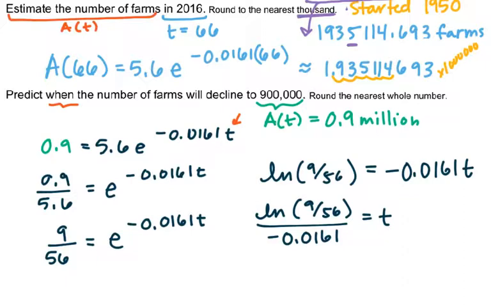And this gives me an output of t is approximately 113.5482679. So rounding to the nearest whole number, well, that would round to either 113 or 114. This represents my t amount. So that is 114 years.